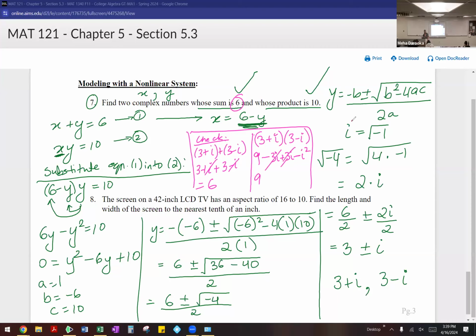If i is square root of -1, i squared is actually -1 itself. So you end up with the minus sign from here, and i squared itself also becomes -1. The negatives become a positive. 9 plus 1 is 10. Okay, so you will get two conjugate pairs as your two complex numbers with this type of example.